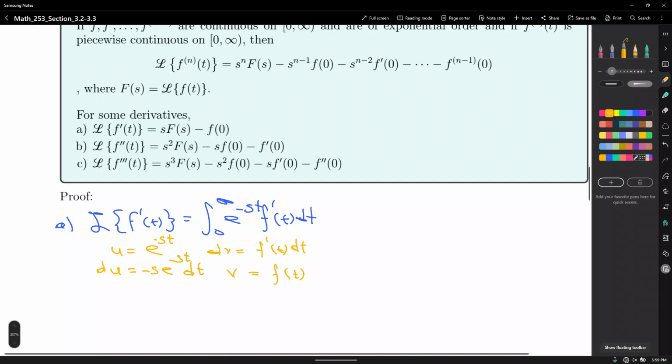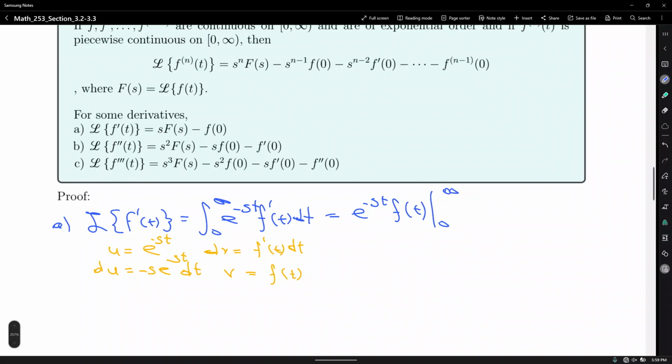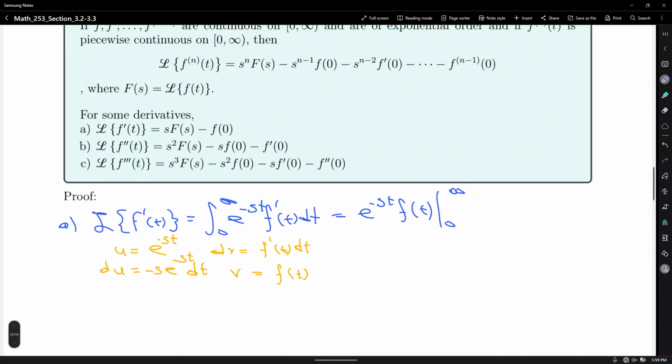Integration by parts: u times v, that is e to the negative st f of t evaluated from 0 to infinity. And what's next? Minus the integral from 0 to infinity of negative s e to the negative st f of t dt.